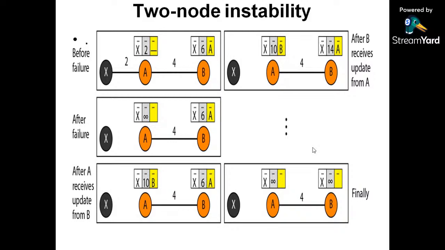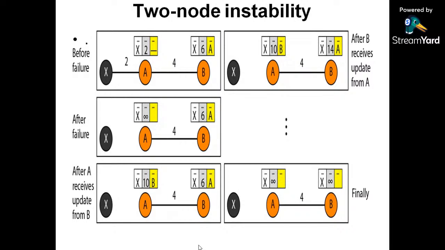A doesn't know about b and b doesn't know about a, so the cost value becomes infinity. Finally there are two nodes with instability, meaning they don't know the actual cost of the node, so it is called two-node instability. After b receives the update from a, A becomes the failure.